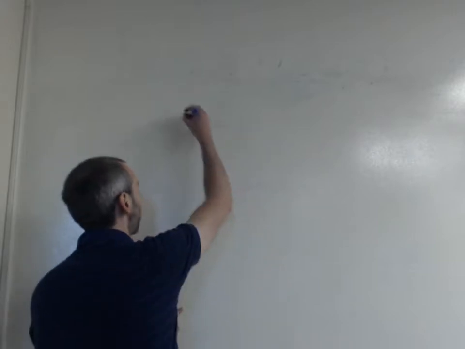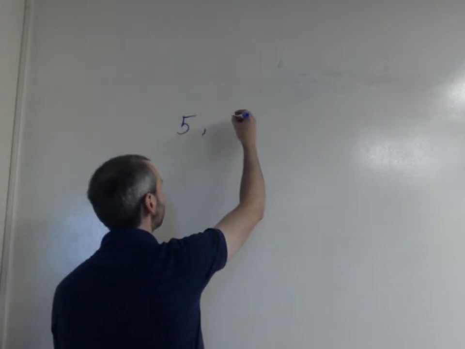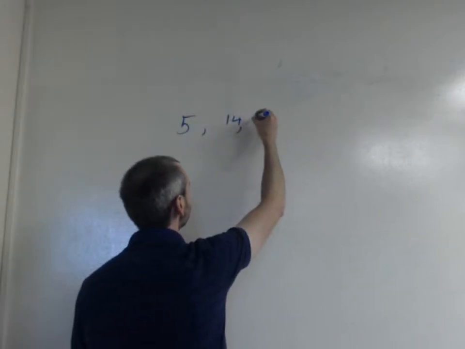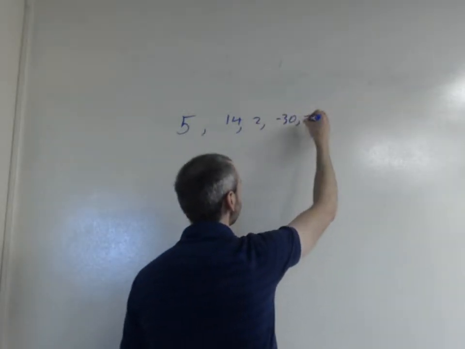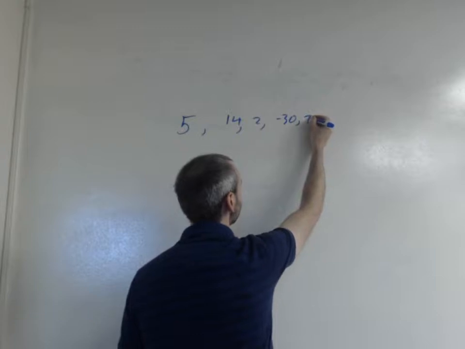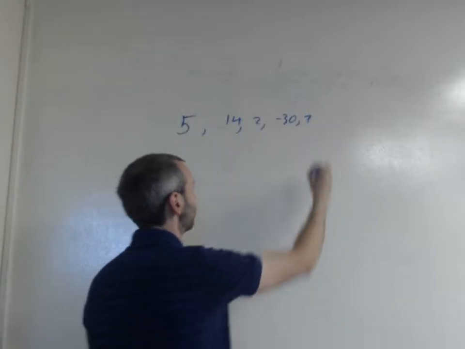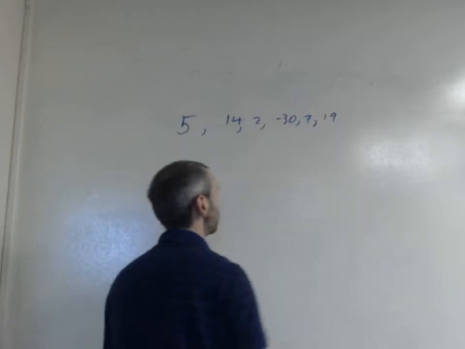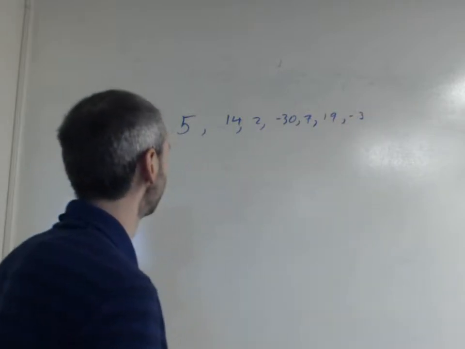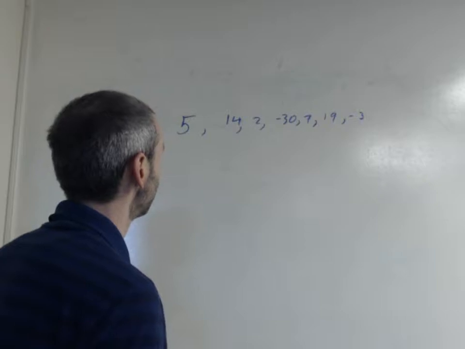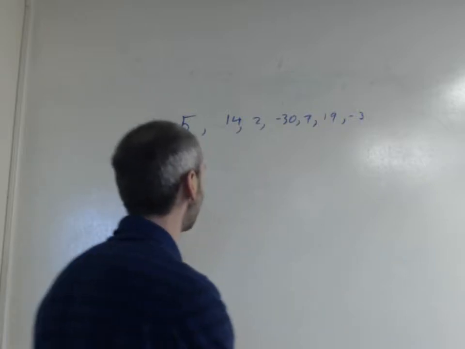Okay, so give me some numbers. 5. 14. 2. Negative 30. 19. Negative 3. Okay, how many is that? 7? Yeah, 7's perfect.